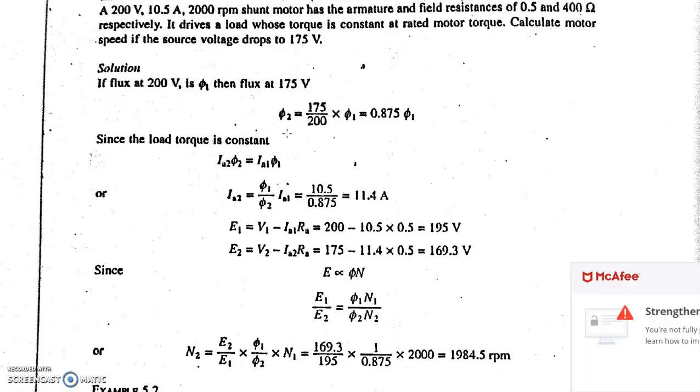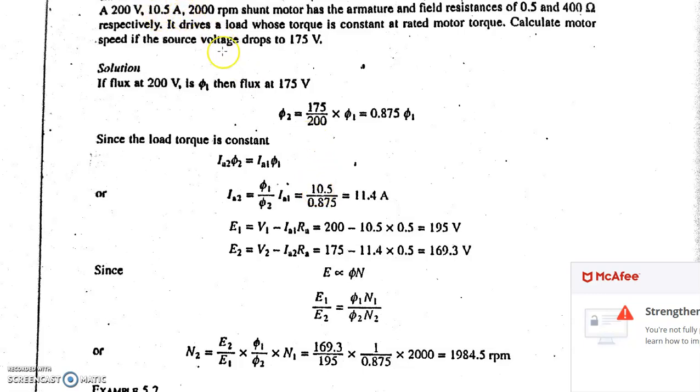So we can assume a linear relationship between the voltage and flux, meaning phi 2 equals 175 upon 200 into phi 1, or we can say phi 1 upon phi 2 equals 1 upon 0.875.